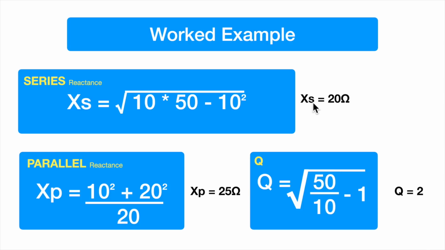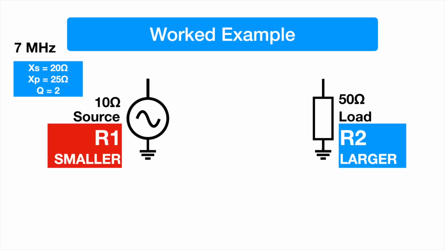So to do this transformation from 10 ohms to 50 ohms, we require a series reactance of 20 ohms and a parallel reactance of 25 ohms. And we'll do that with a Q of 2. So let's have a look at it then. I put those values up here: the series reactance 20 ohms, the parallel reactance 25 ohms.